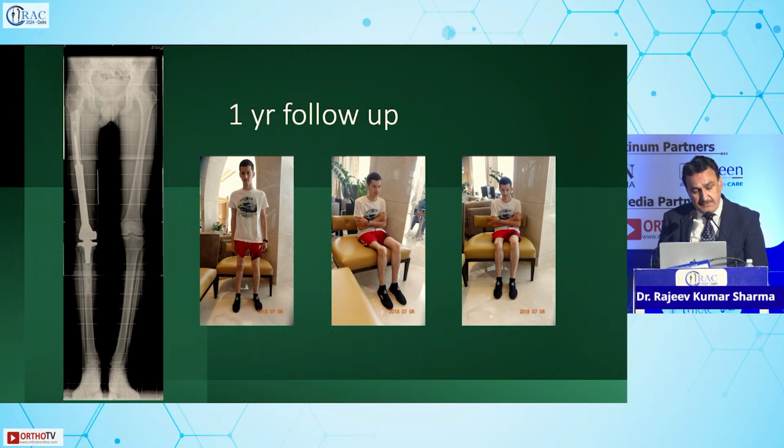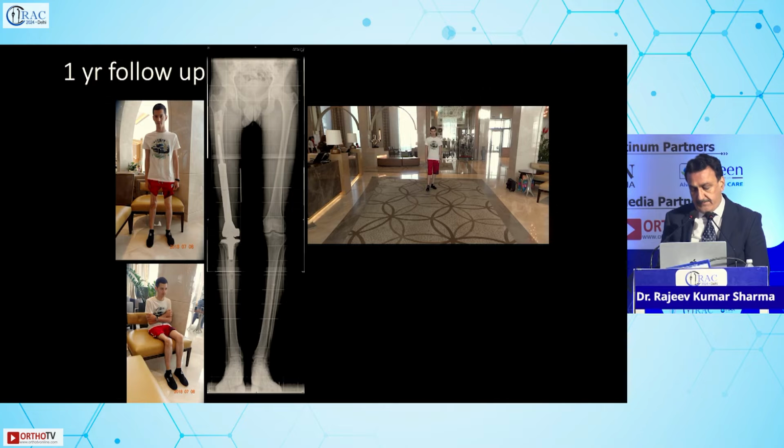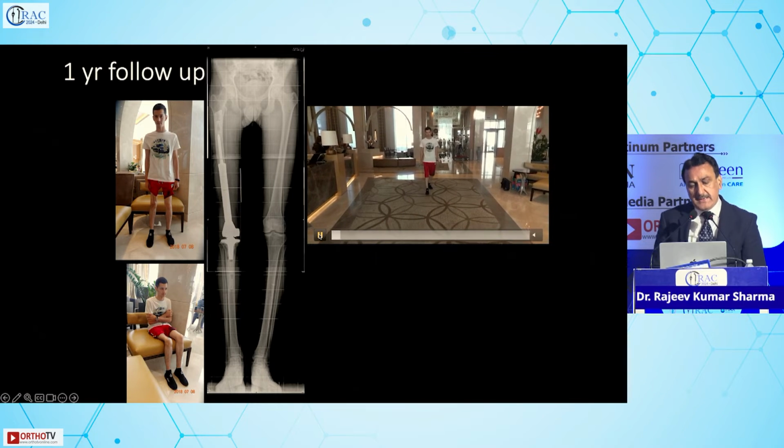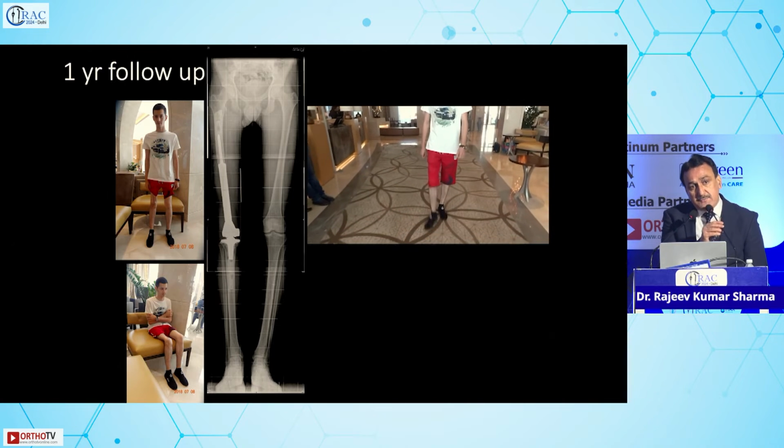You see this patient at a 1-year follow-up. The patient is doing reasonably well. He is able to walk well. He is able to sit well. We can see that the function is reasonably acceptable at a follow-up of 1 year.